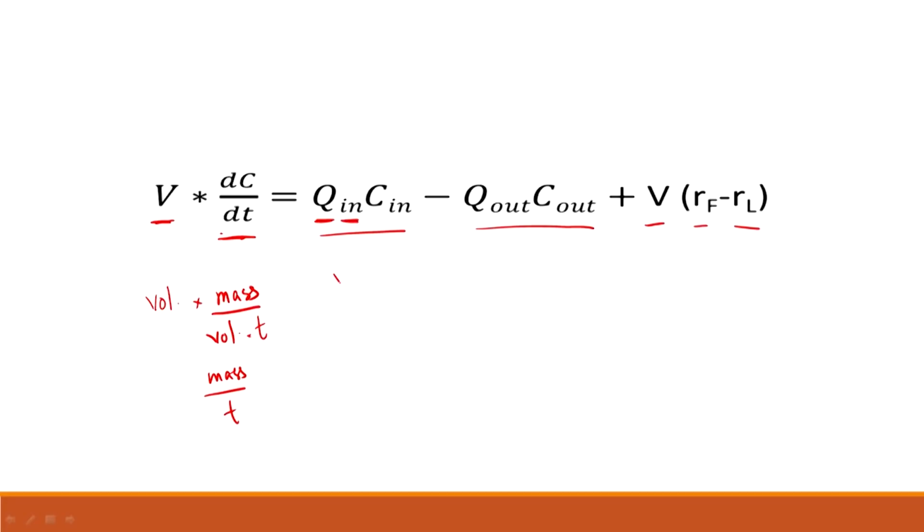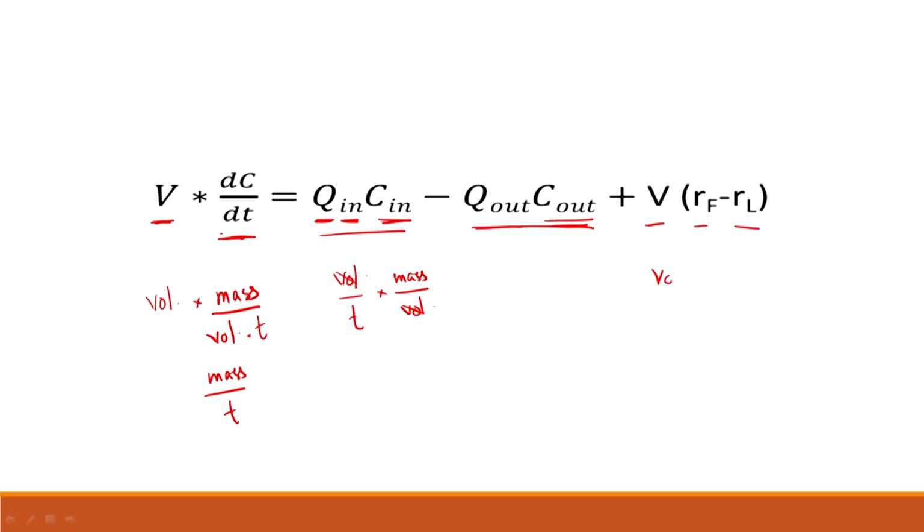It is volume per time into what is C in, it is nothing but the concentration coming into the reactor. It is mass per volume, right. So, volume cancels out, mass per time. Q out similarly is the flow rate going out of the reactor, volume per time. C out is the concentration leaving the reactor. So, that is again mass per volume. So, again we end up with mass per time.